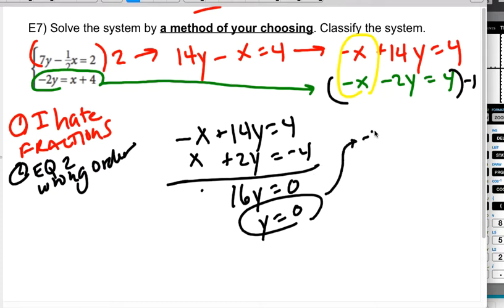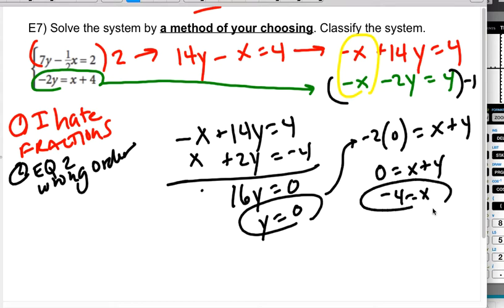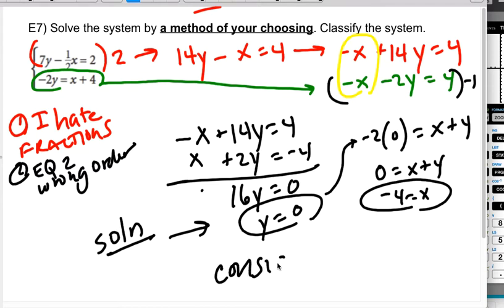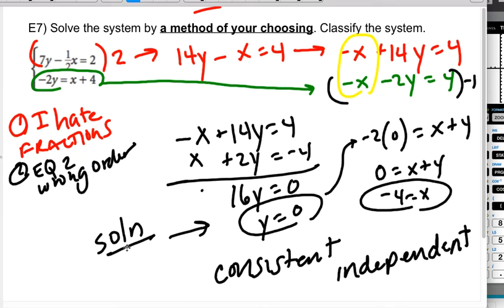So I'm going to go back to negative 2y equals x plus 4, 0 equals x plus 4, so negative 4 is my x. So that's my solution, written like that or as negative 4 comma 0, and my classification is consistent independent, right? Because consistent means you have a solution, independent means that the two curves are not the same.